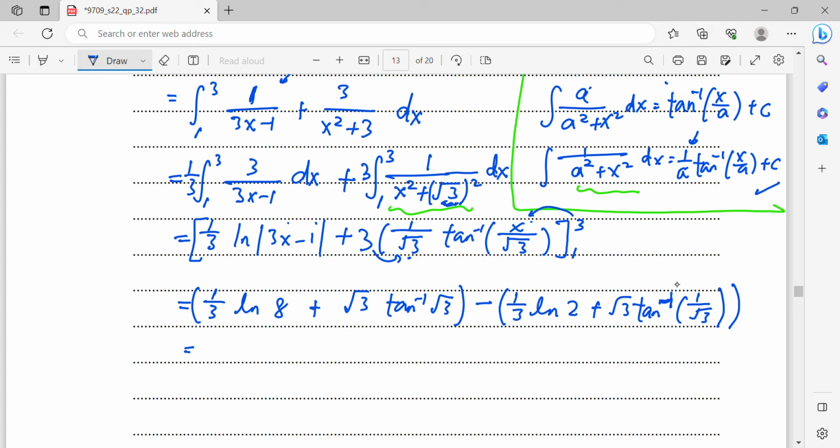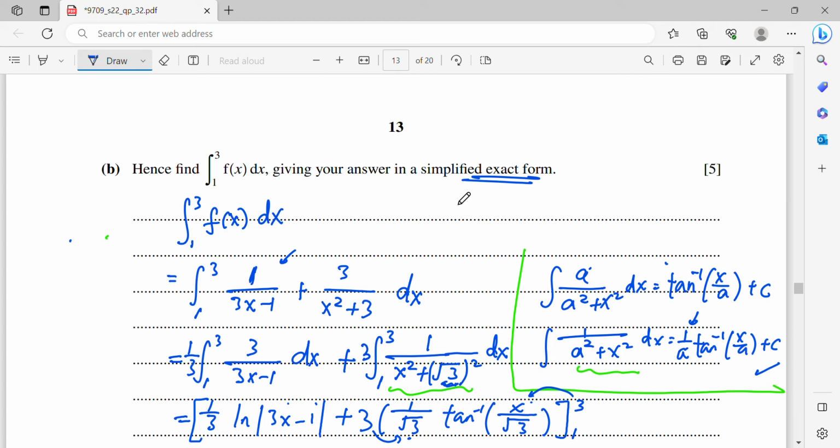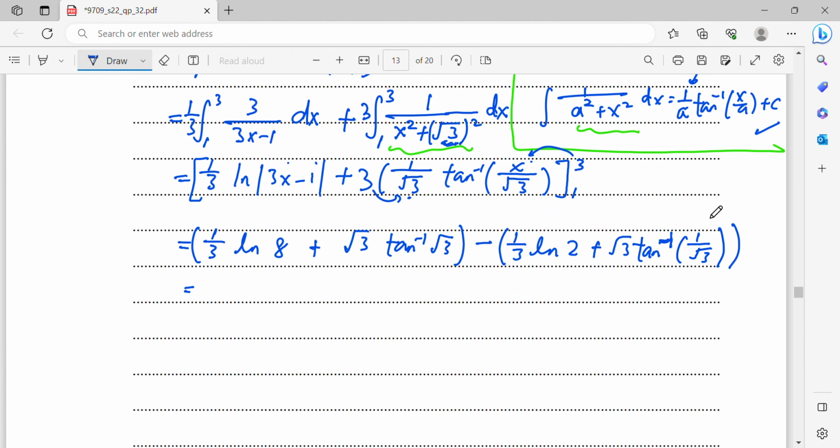Right. So now we need to simplify, because it's mentioned simplified exact form. So the ln 8, right? So here ln and ln I will combine. It will be 1 over 3 ln 8 minus ln 2 plus square root 3.